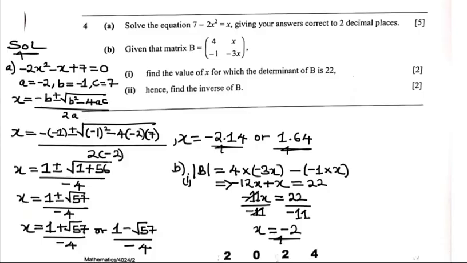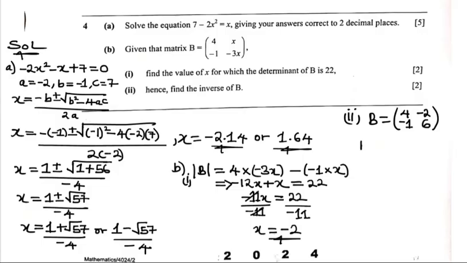Moving on to B Roman numeral 2. The question is, hence find the inverse of B, 2 marks. To find the inverse of B, first of all, we start by finding the actual elements in matrix B, which is going to be: the first element is 4, then x is -2, then we have -1, and -3 times x, that is -3 times -2, which gives +6.